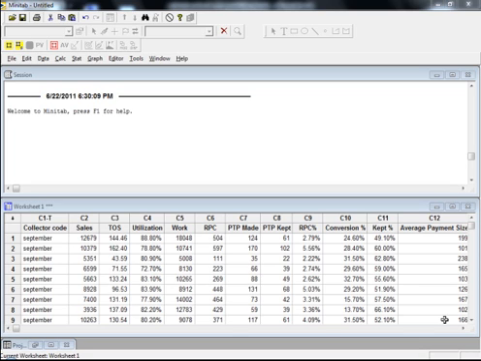Let me explain what I mean. If I see that there is positive correlation between age and weight, that means as age of people increases, weight of people will increase. If one increases, the other will increase.